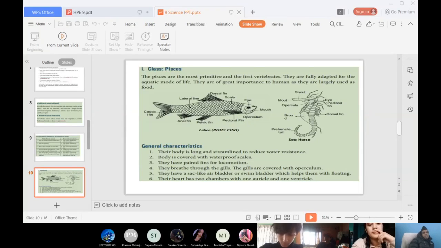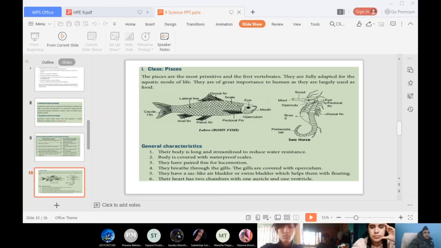Do you know how many chambers are there in our heart? In our heart there are 4 chambers: right auricle, right ventricle, left auricle, left ventricle. But in the case of the frog, there are only 3 chambers. Let me draw the heart of Amphibia.